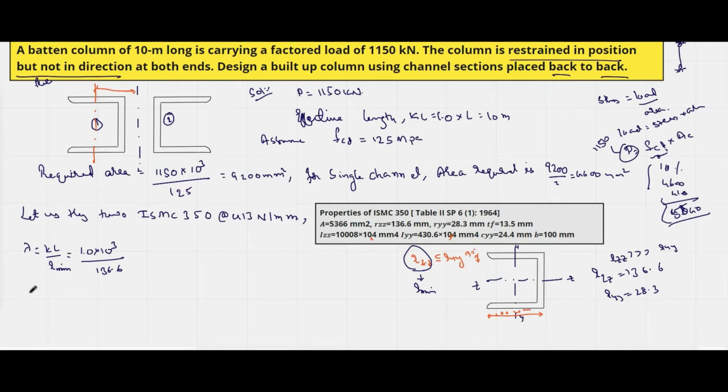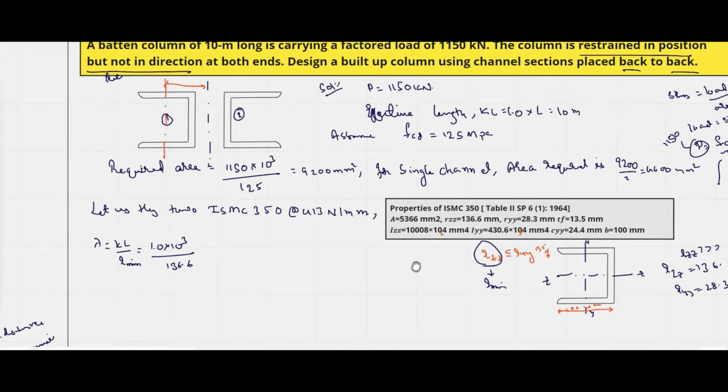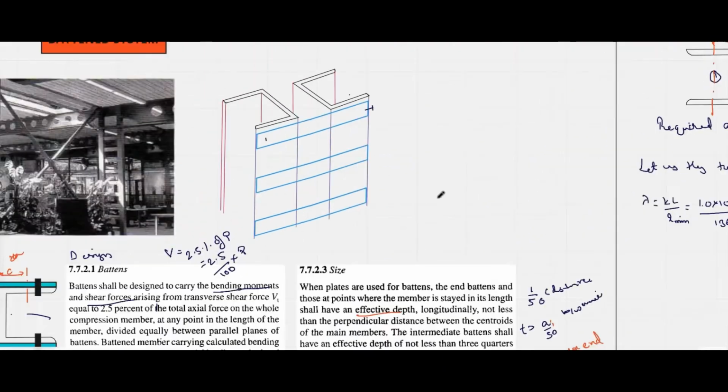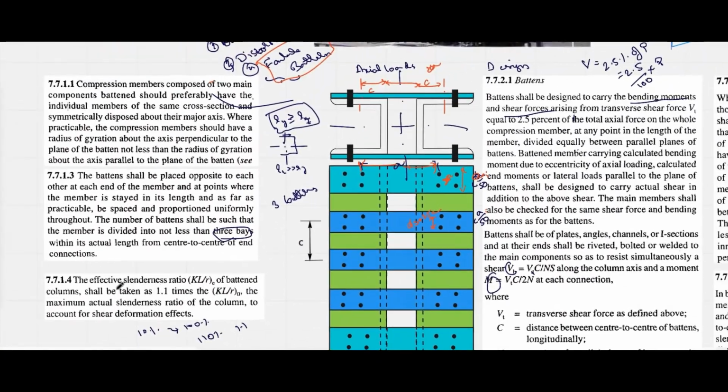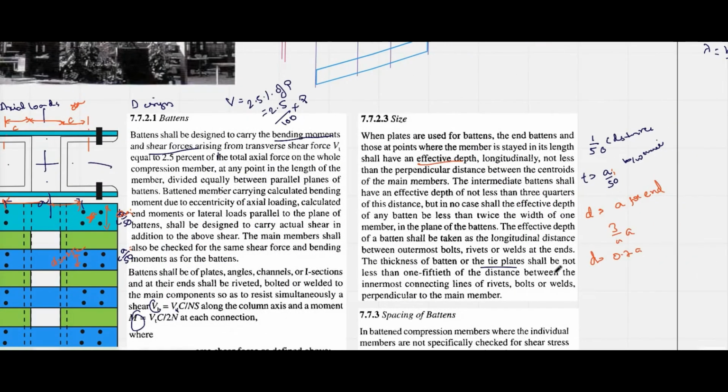136.6. We also know that if you are using a batten column, from the clause already discussed here, 7.7.1.4, the effective slenderness ratio of a batten column shall be taken as 1.1 times the actual slenderness ratio.